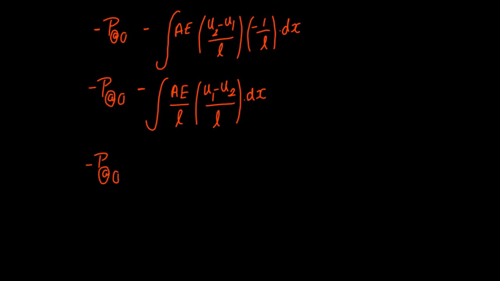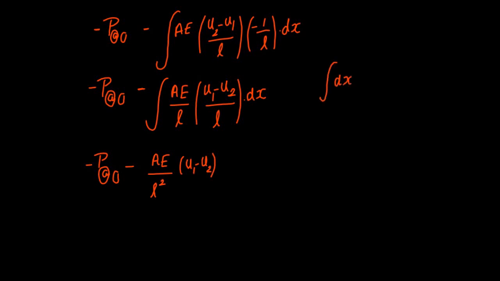So if I just integrate this term, I will be getting minus p at x is equal to 0 minus AE by L square into (U1 minus U2). All these terms are constant, I can take them outside the integral. If I simply integrate dx, I'll be getting x.